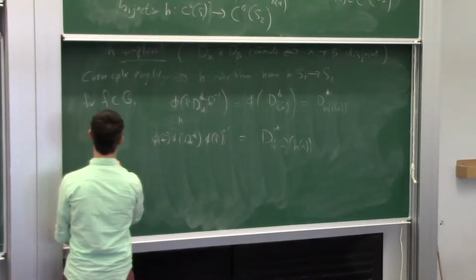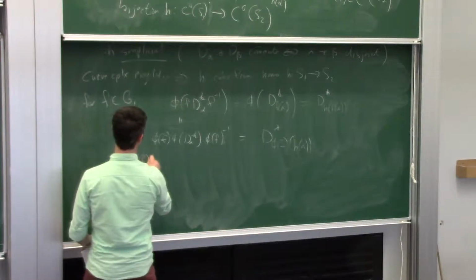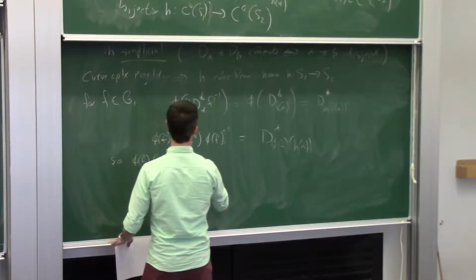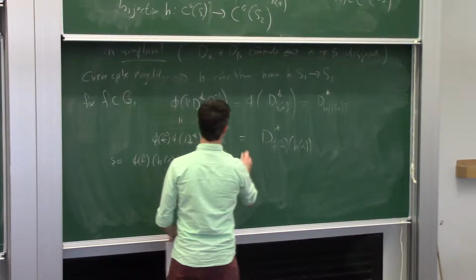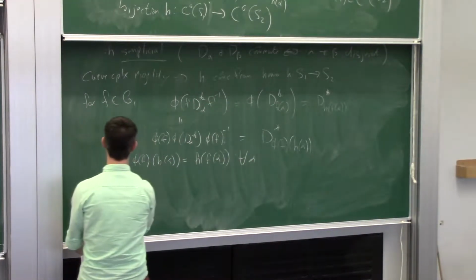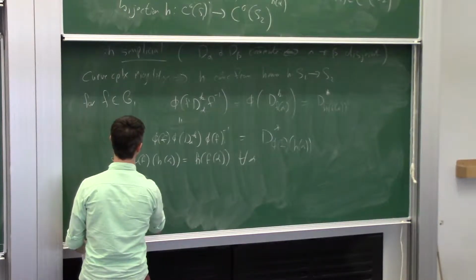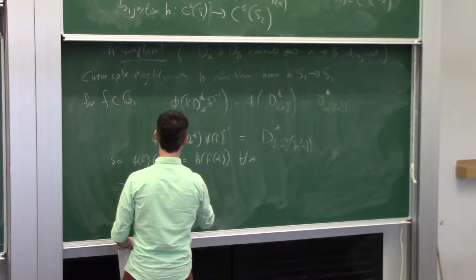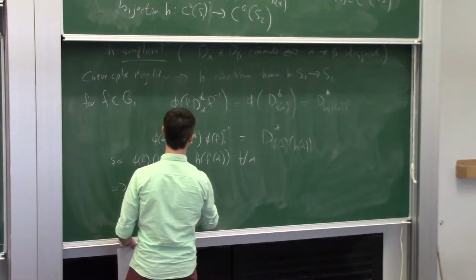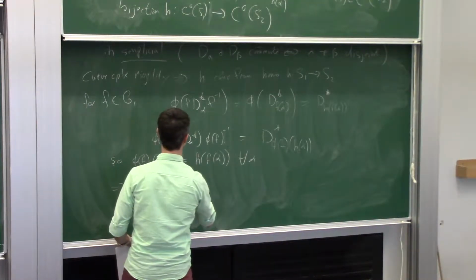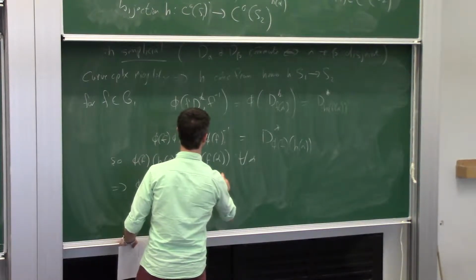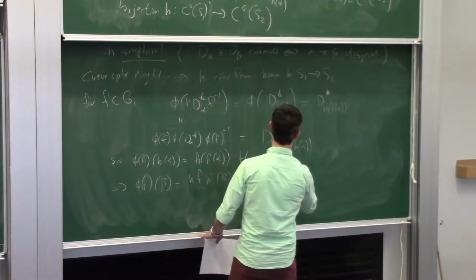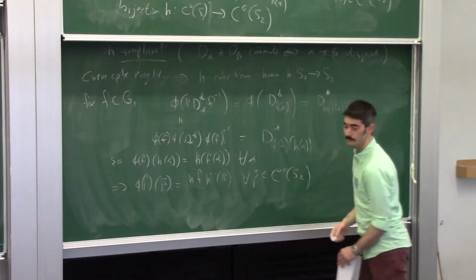All right, so phi of f of h of alpha is equal to h of f of alpha for all alpha. Well, that implies that phi of f of beta is equal to h of f of h inverse of beta for all curves beta in the curve complex of the second surface.